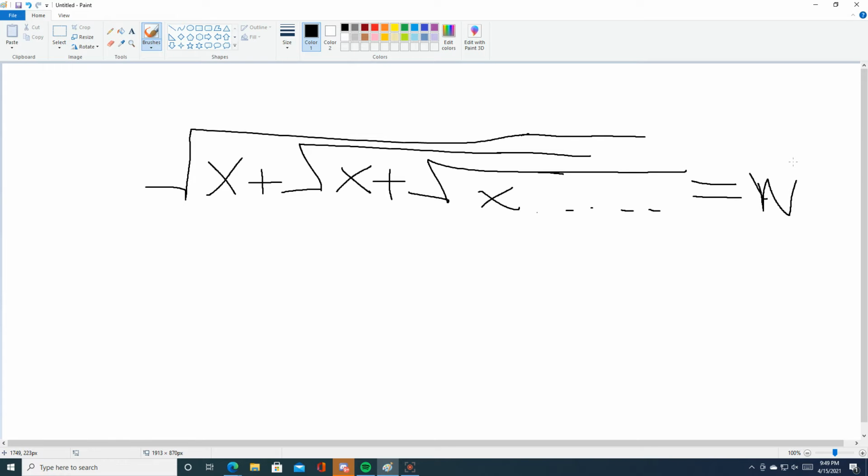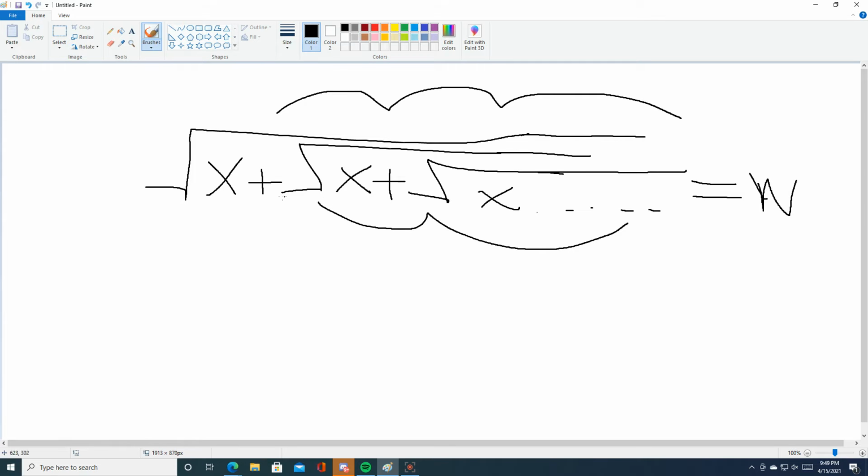You don't really know. But there's one trick that you can use to find the number exactly. Since this is an infinitely long root, with infinite roots inside of one another, we can express everything except the first x in the radical as w.